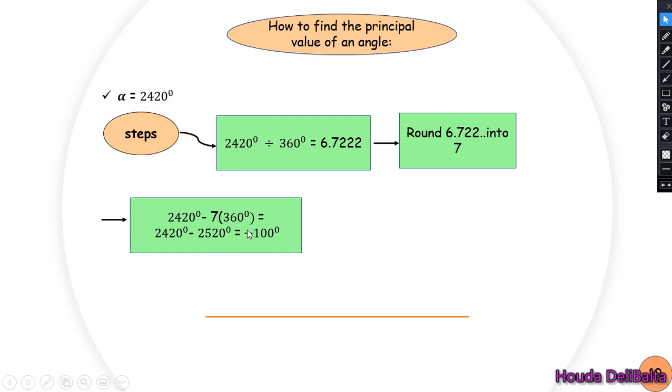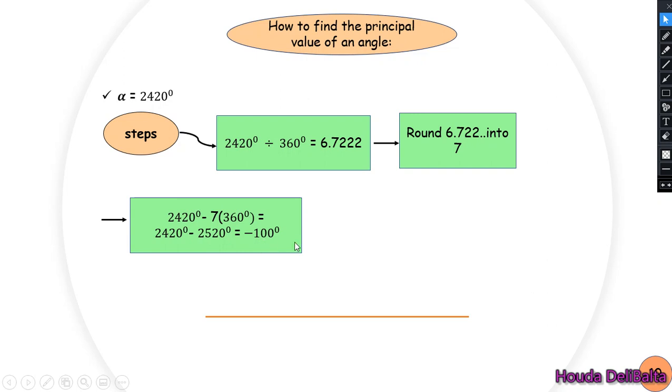So definitely we are going to get a negative number, because when rounding 6.7 to 7, we are getting a larger number. So 7 times 360 is going to be larger than 2420, and definitely the answer will be negative.